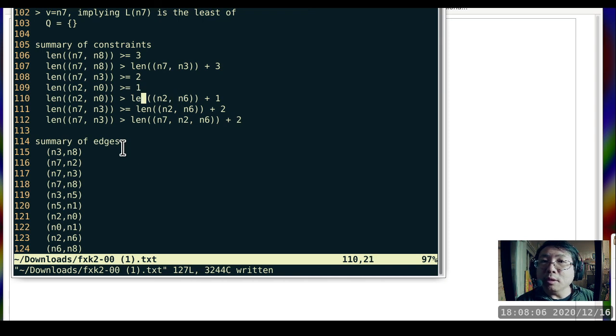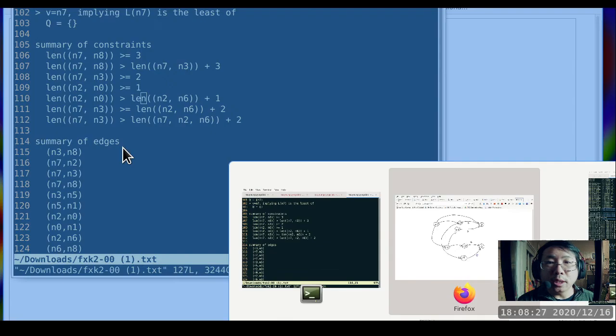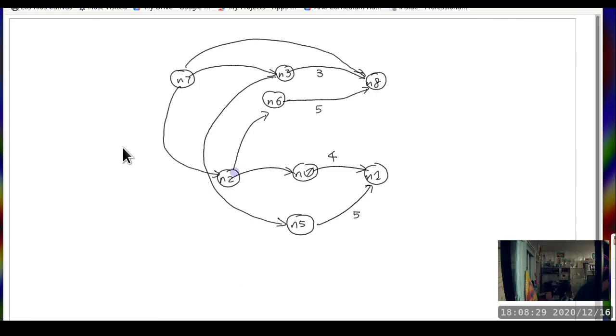It does not appear on the left hand side, so it can be anything, because once we set it, we'll determine the length of the other edges. Okay, so we can pick anything for it. As usual, I'll pick a 3 just in case. So n2 n6 is now replaced with a 3. So here's n2, this is n6. We'll put a 3 over here.